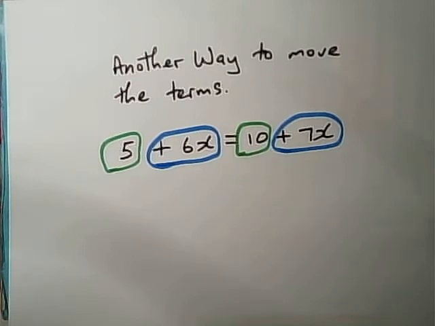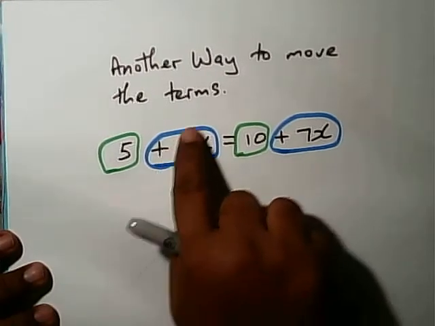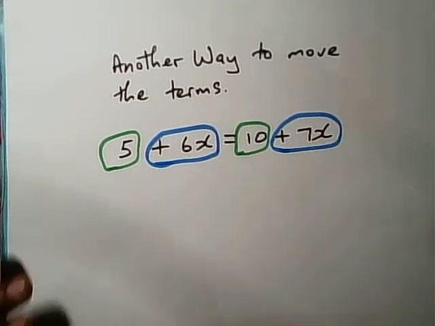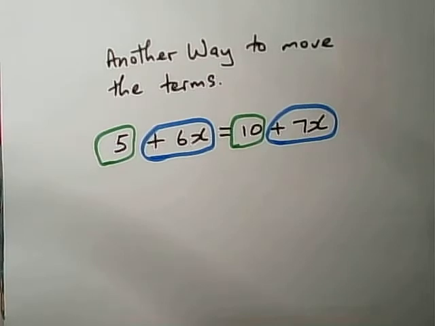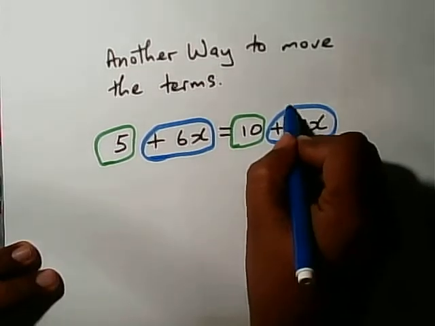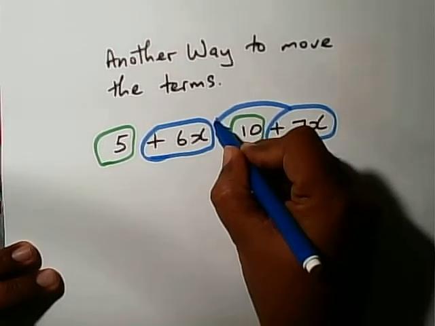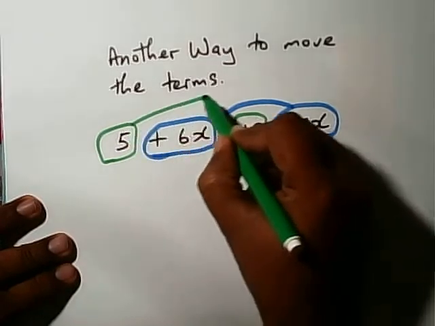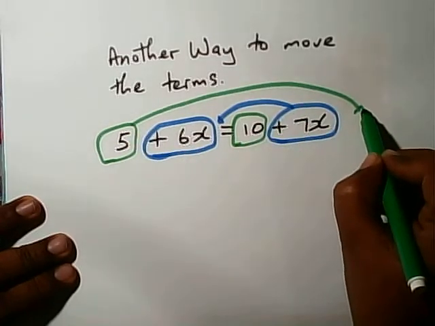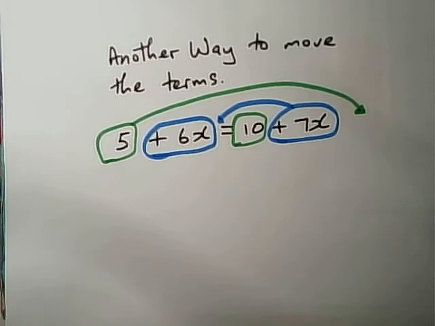Okay, so suppose you were to, instead of moving the 6x across like what we did before, move the 7x across. Let's suppose we move it short here. And suppose we move the 5 all the way across here. You're allowed to do that. We could move terms. Just remember when you move the terms to change the sign.